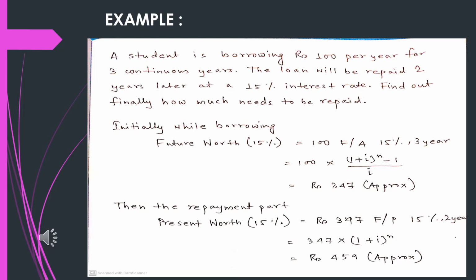After using the formula, we obtain the figure of rupees 347. So here the student has practically borrowed rupees 300, but at the end of 3 years with interest, he has actually borrowed rupees 347. So basically rupees 347 needs to be repaid in the next 2 years.